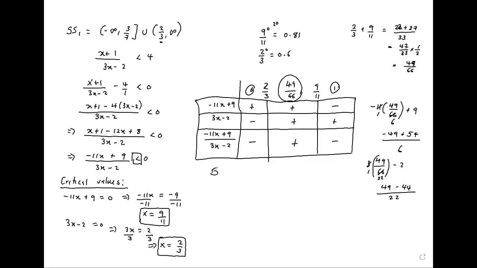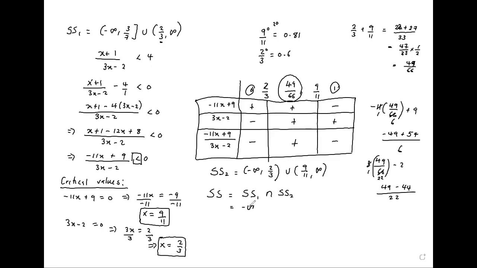So we get the solution set 2 to be negative infinity all the way up to 2/3, not including anything, and 9/11 to positive infinity. So our final solution set will be solution set 1 intersection solution set 2.